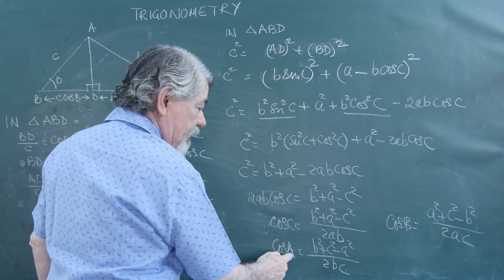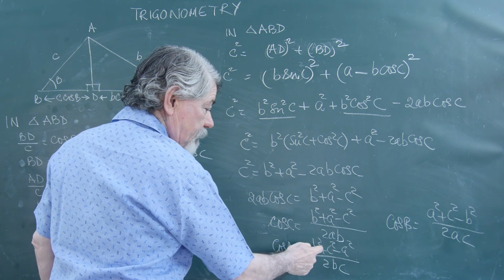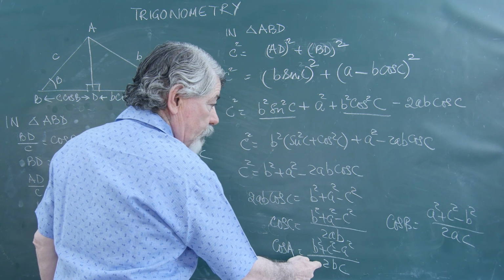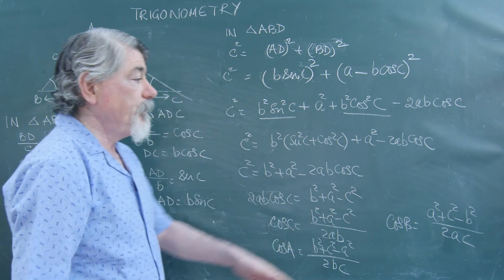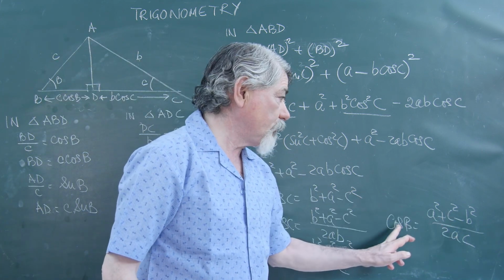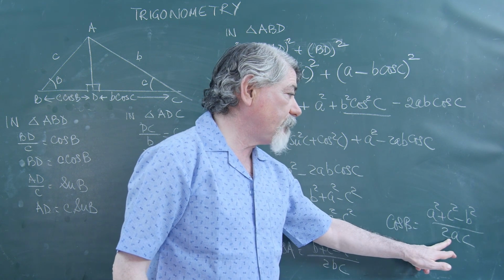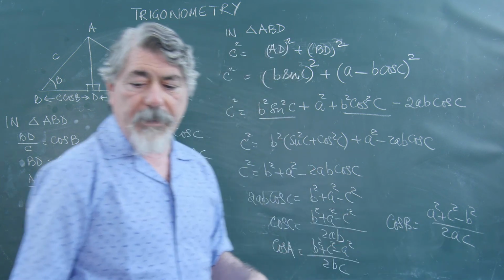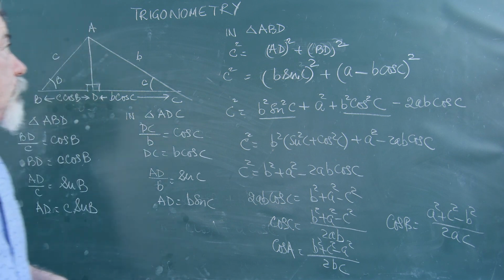When I'm writing cos A, A square will come last, B square plus C square left upon 2BC. When I'm talking of cos B, B square will be the last, so what is left is A square plus C square upon 2AC. This is the way to remember it.